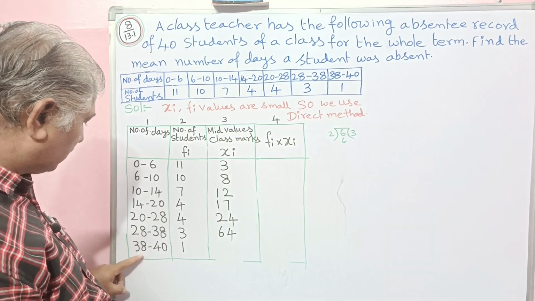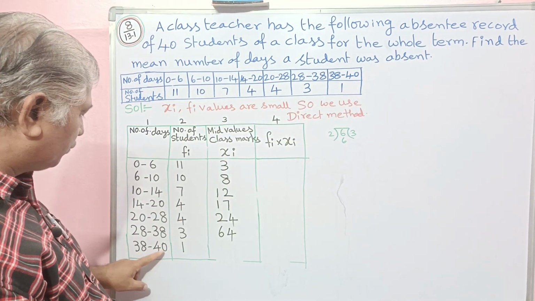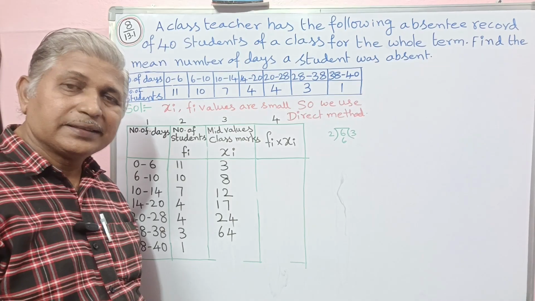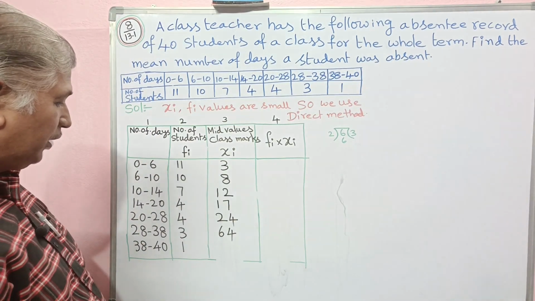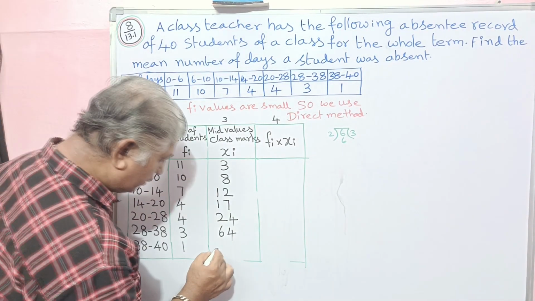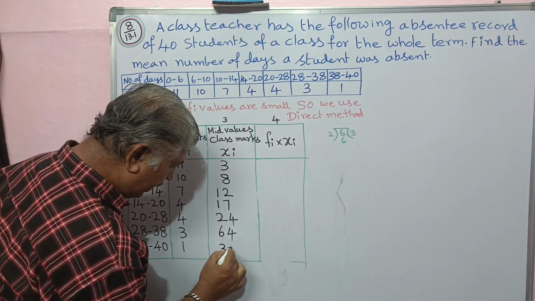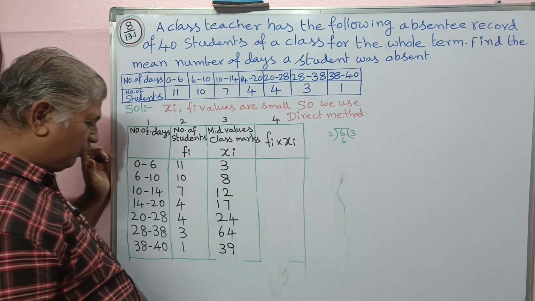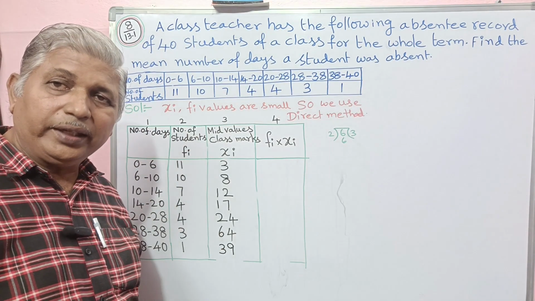Now the last class is 38 plus 40. It is 78. Half of 78 is equal to 39.